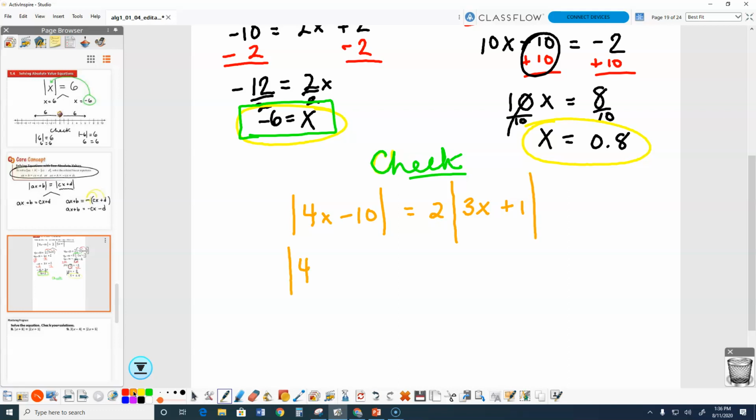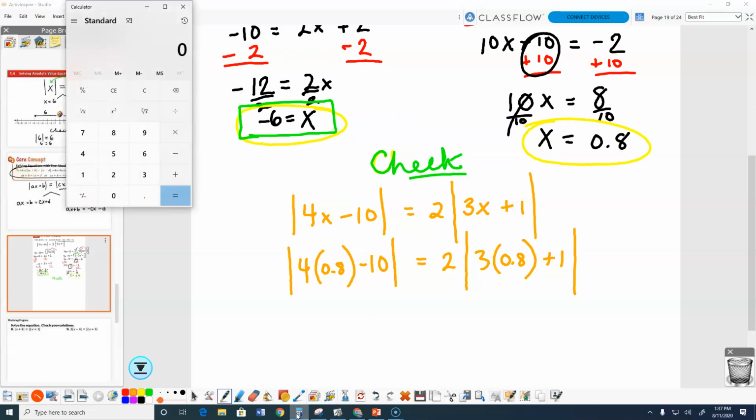So I would say 4 times 0.8, and then I would subtract 10 is equal to 2 times 3 times 0.8 plus 1. All right. I'm going to take out a calculator for this one because this one's a lot of work.